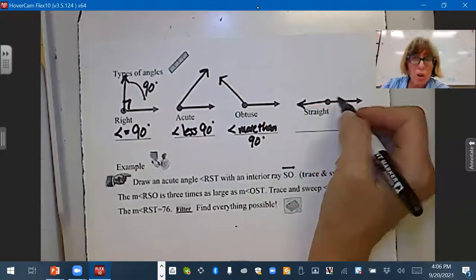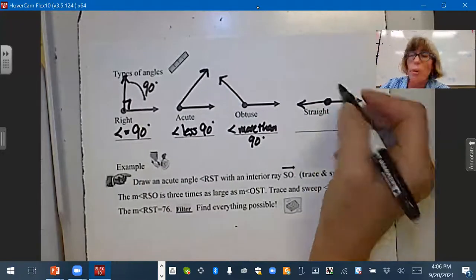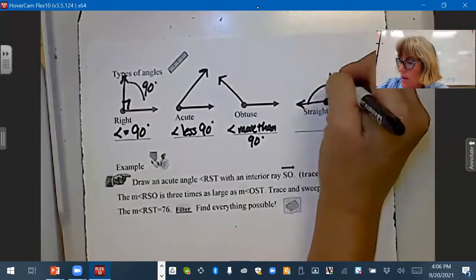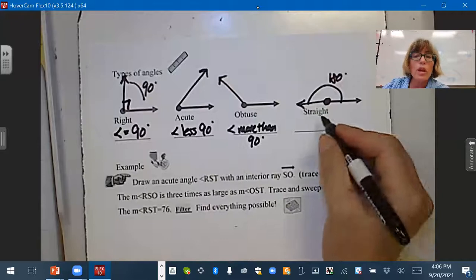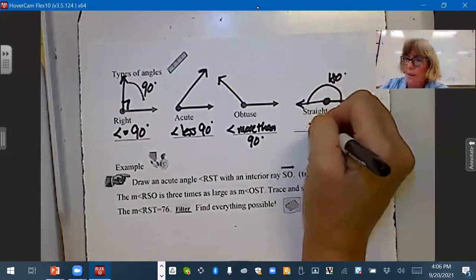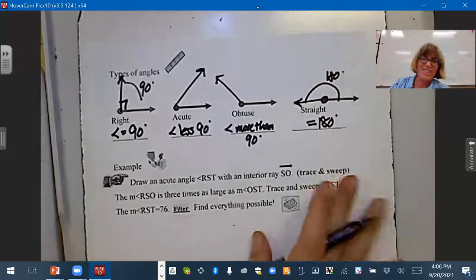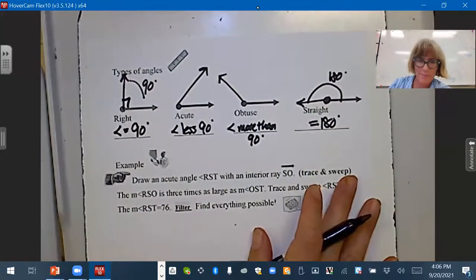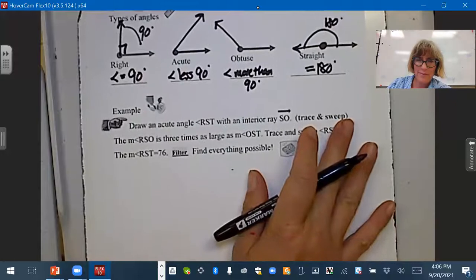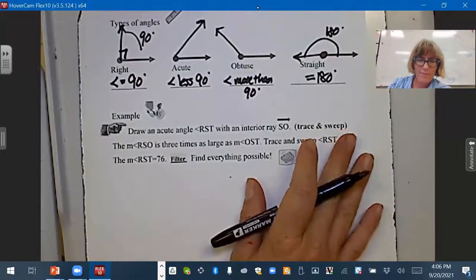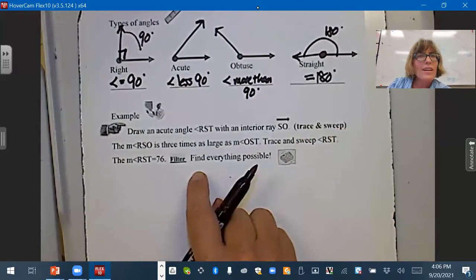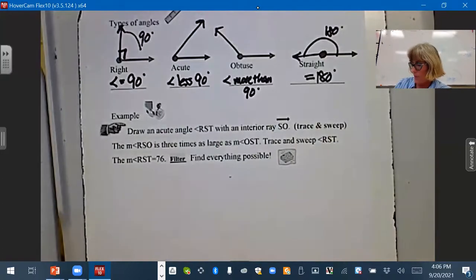If you have an angle, technically two rays with a common endpoint, and it makes 180 degrees, we call that a straight angle, which is a line. It's just a fancy way of saying a line. Let's do this one together, one step at a time.